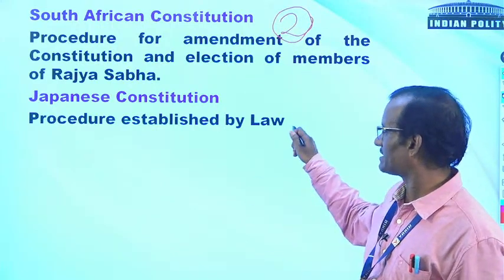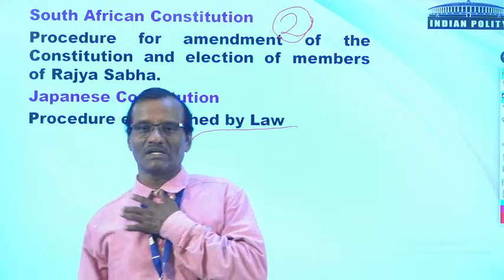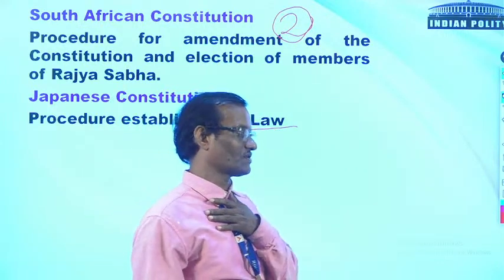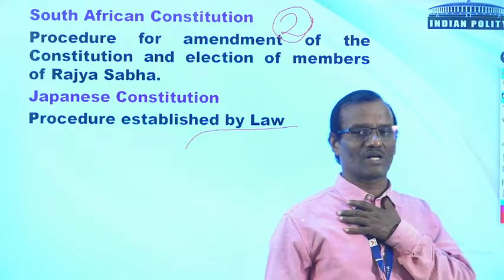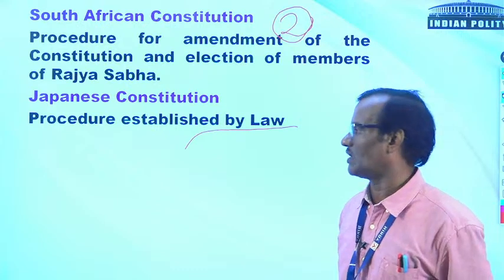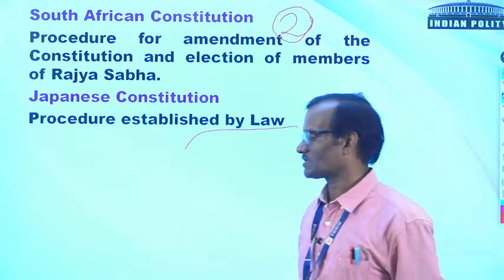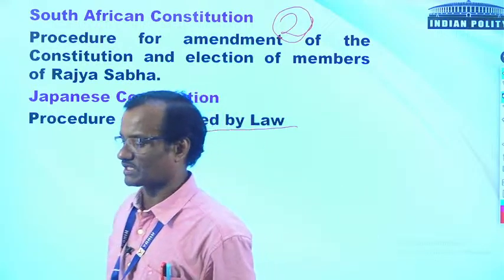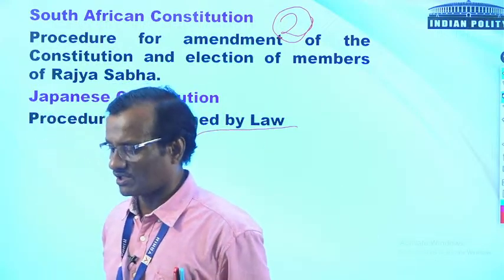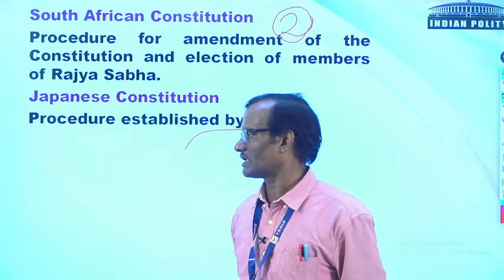And from the Japanese Constitution we have borrowed procedure established by law. It is mentioned in Article 21 of the Constitution, where it is said that the right to life and personal liberty of a person shall not be taken away except by procedure established by law. So the Indian Constitution is based upon procedure established by law, not due process of law, for your understanding.